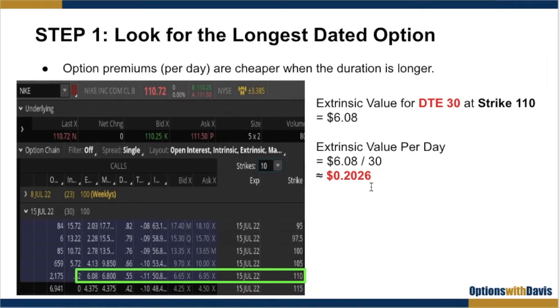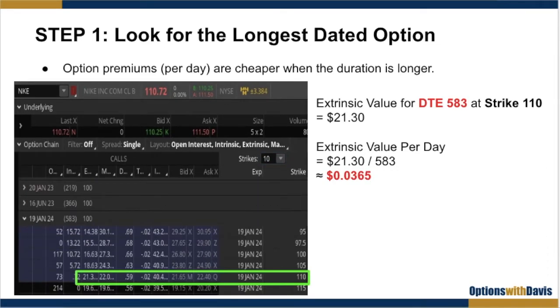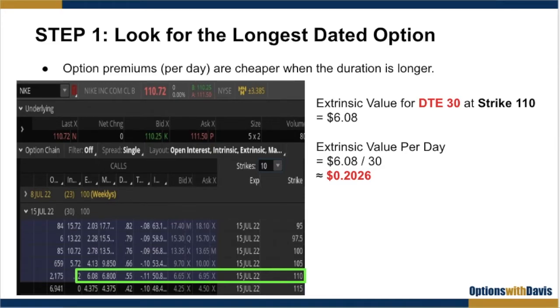Now let's compare this to a longer dated option, which has a DTE of 583 at the same strike price. You can see that the extrinsic value is $21.30. In terms of absolute value, it's of course much more expensive, but if you divide this by the number of days left, you'll see that you're only paying roughly 3 to 4 cents per day, compared to paying 20 cents per day on the DTE 30 option.